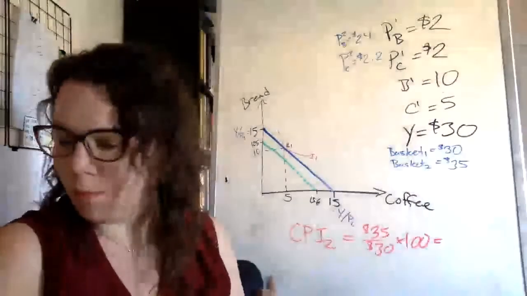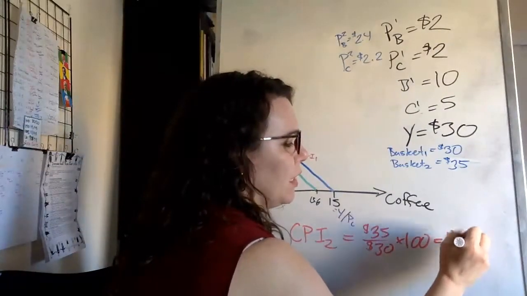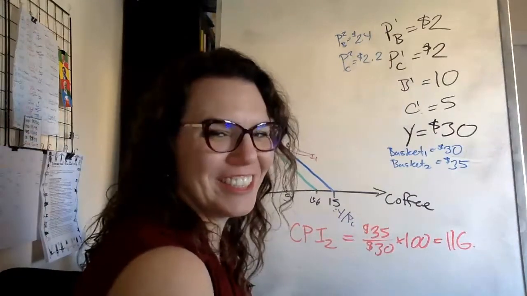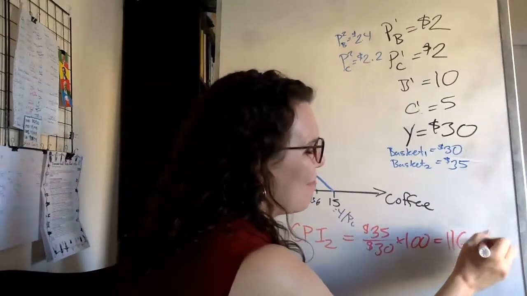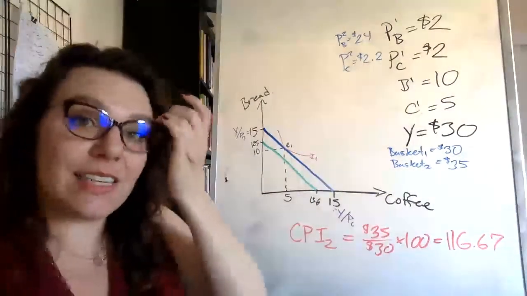I'm going to get 1.1666 repeating, so I'm going to call that a CPI of 116.67. The great thing about this is now we have an index, right?